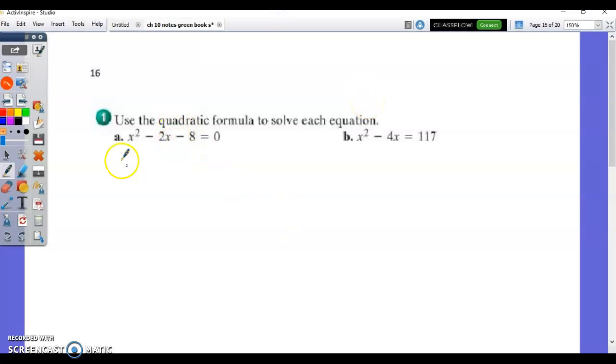So I am going to identify my a, b, and c to start. My a equals 1, my b equals negative 2, and my c equals negative 8.